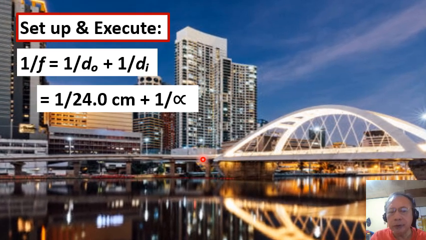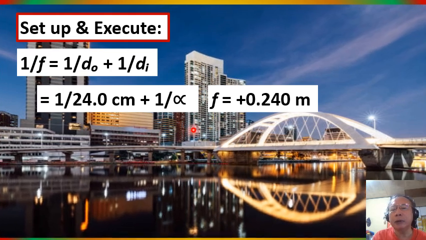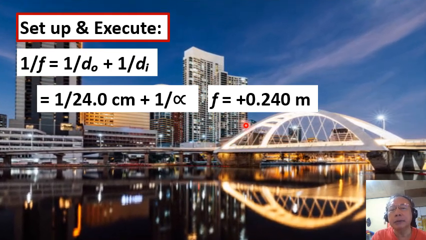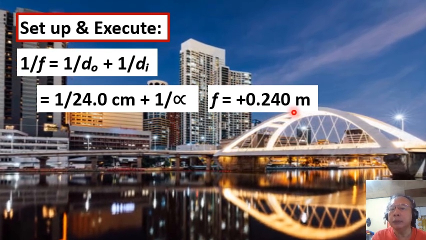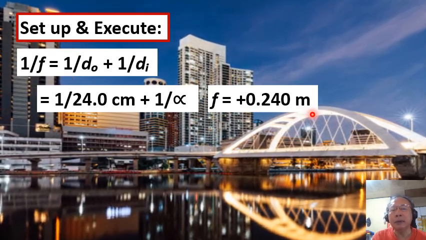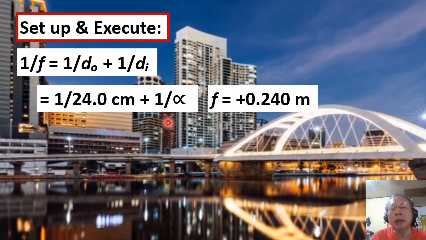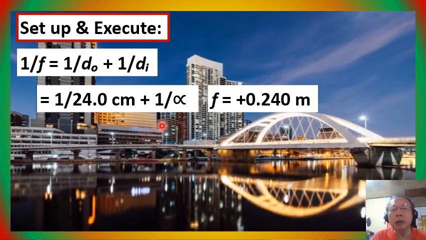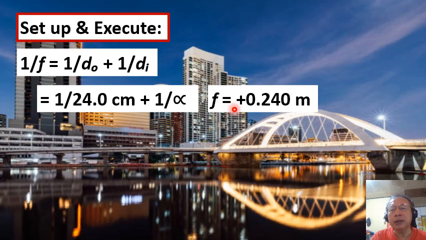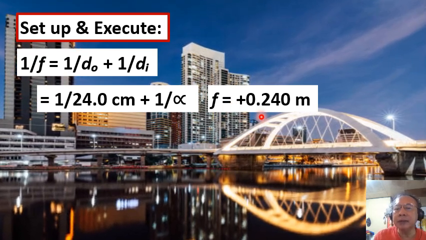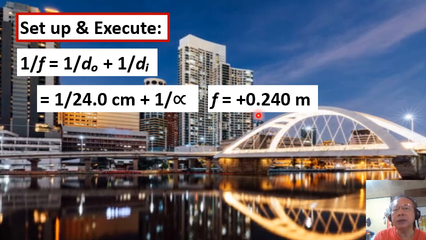So the magnitude of the focal length, small letter f, therefore, is equal to positive 0.240 meters in three significant figures. 1 over infinity, as you may all know, is equal to 0. So that is how we got the value for the focal length equal to positive 0.240 meters.